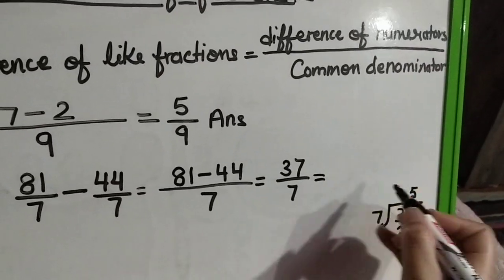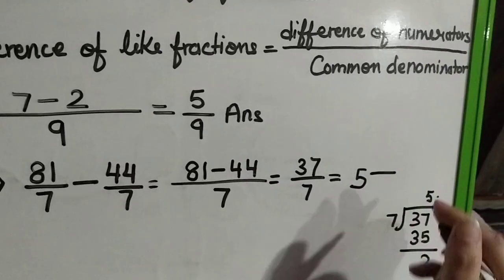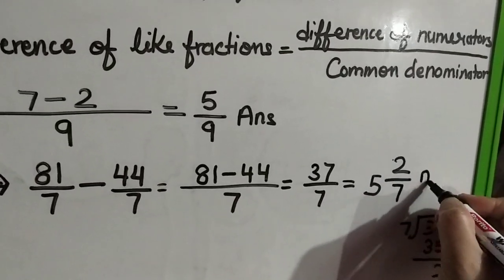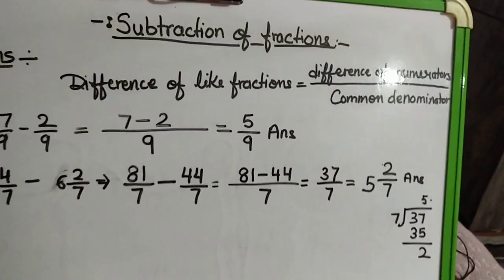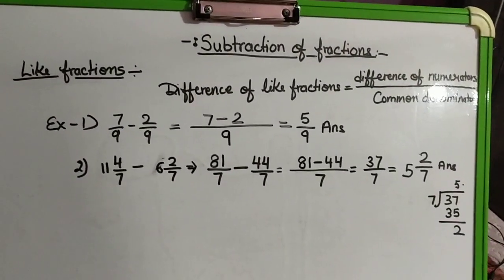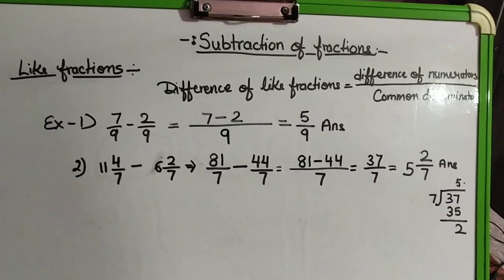The quotient 5 will be the whole number, remainder 2 will be the numerator, and the denominator will not be changed. So your answer is 5 whole 2 upon 7. I hope you understand how to subtract like fractions, or how to find out the difference of like fractions.